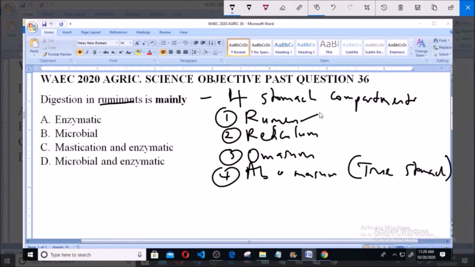Now, the rumen is basically the site where the food is exposed to microbes.